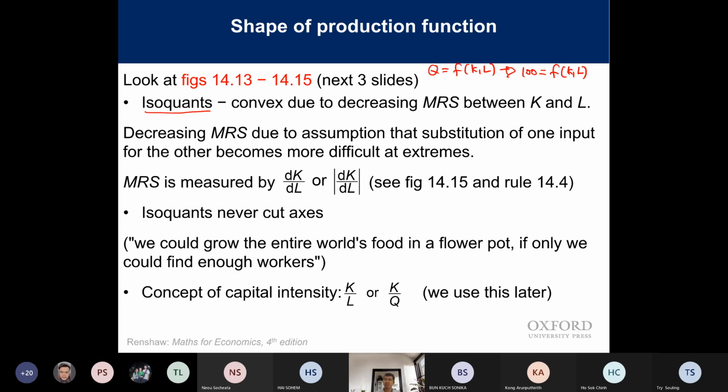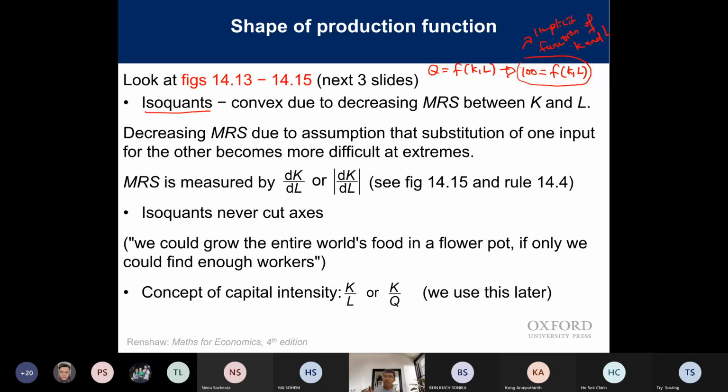So once you set Q equal to a fixed number, this is an implicit relationship of K and L, because that should be the combination of the two inputs that will generate the output of 100.